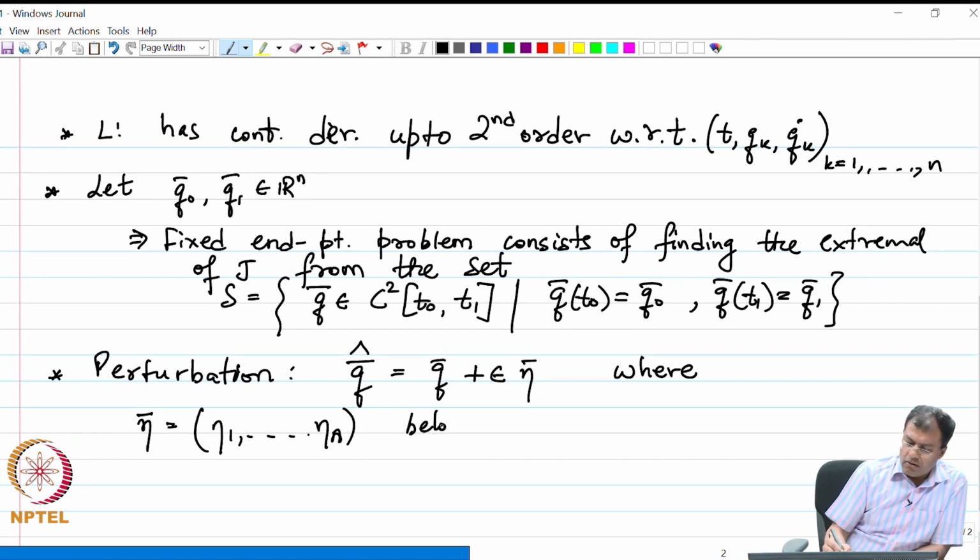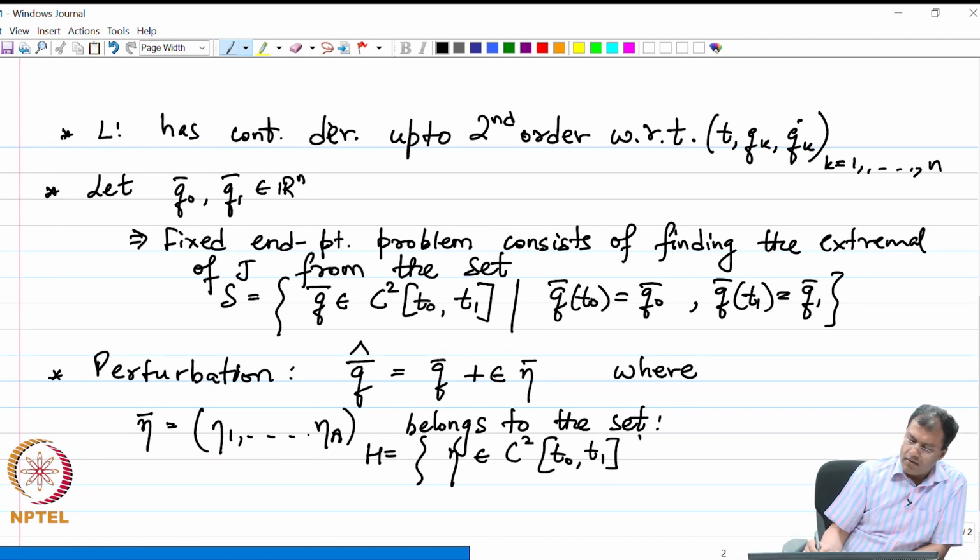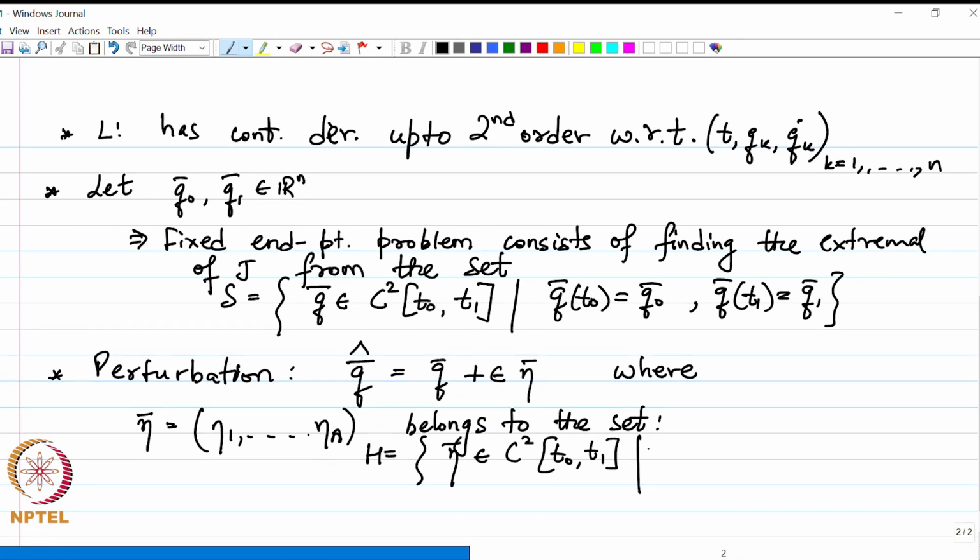which belongs to the set H, which is also equal to all such etas in C2, T naught T1, all such perturbation functions such that the perturbation vanishes at the end point, right.